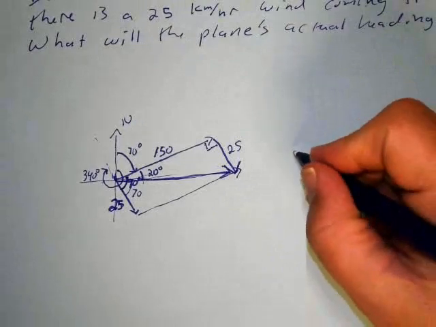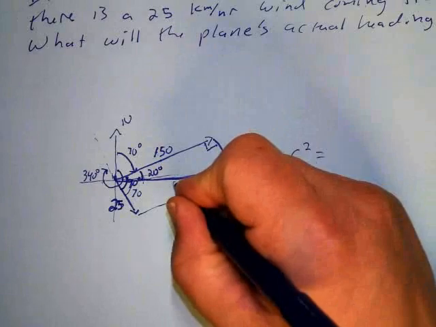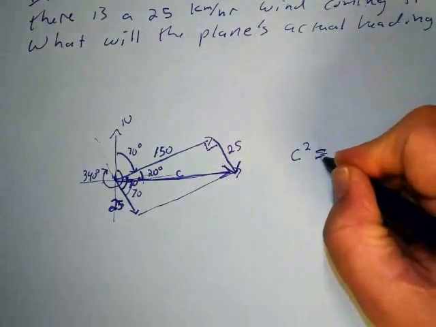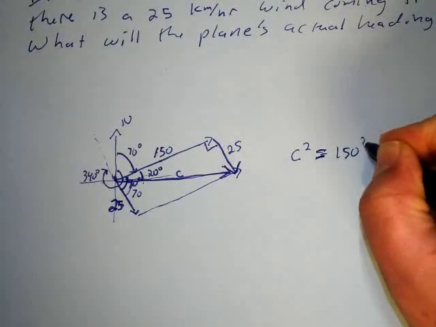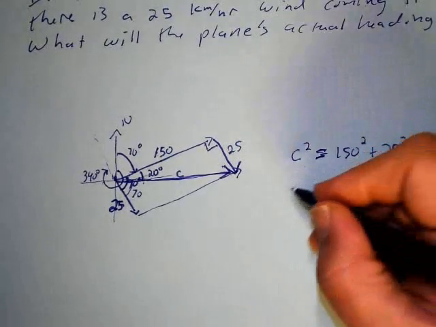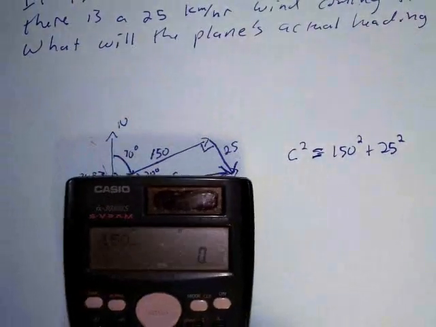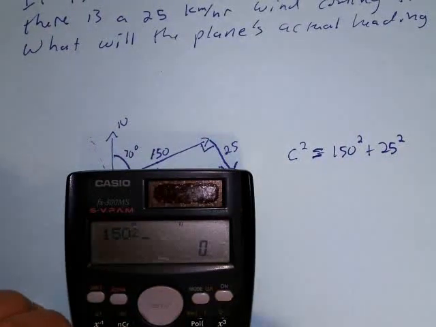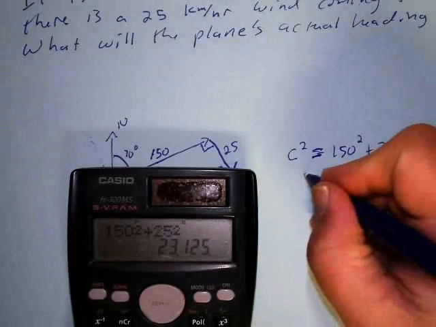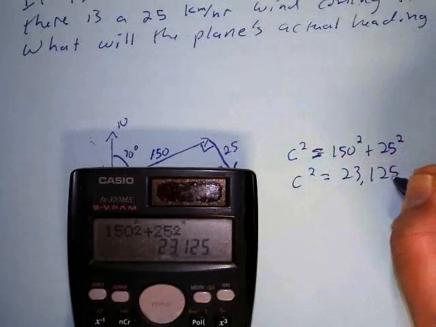So if I do that, c squared is equal to 150 squared plus 25 squared. C squared is equal to 23,125.